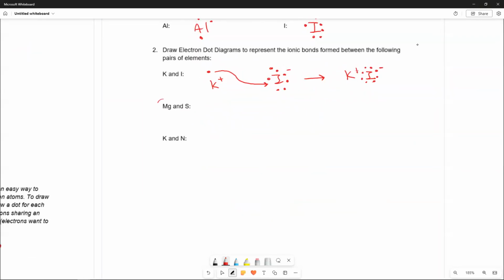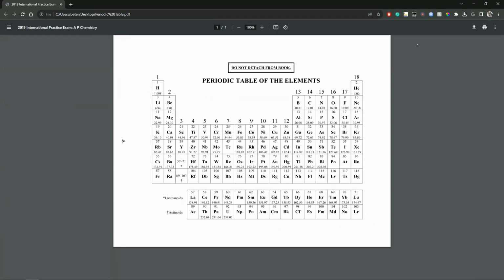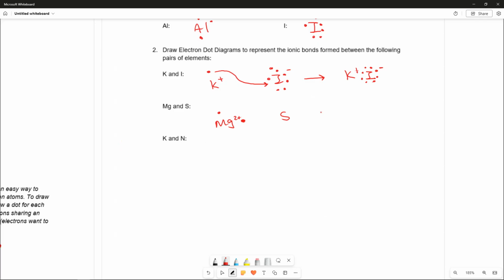All right, let's try here. Mg and S, magnesium and sulfur. Magnesium is a metal. Mg, it has a 2 plus charge. 1 electron, 2 electron. Sulfur. Sulfur is element 16. It's going to be in the group of oxygen. 6 valences. So it has a 2 minus charge, by the way. 2, 3, 4, 5, and 6.